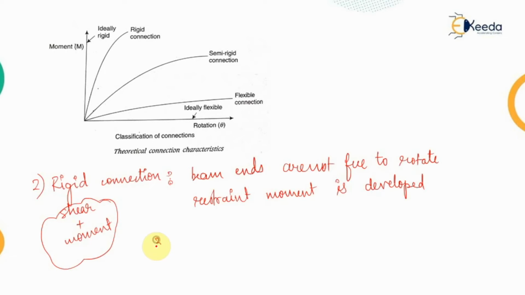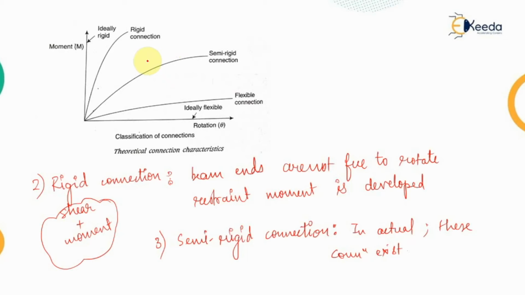That's why the third type of connection comes into the picture, that is the semi-rigid connection, which is the case in most situations. Although when we are designing steel elements, we consider either the rigid connection or the simple connection only, in actual the connection that we are providing acts like the semi-rigid one. And in actual, these types of connections exist.